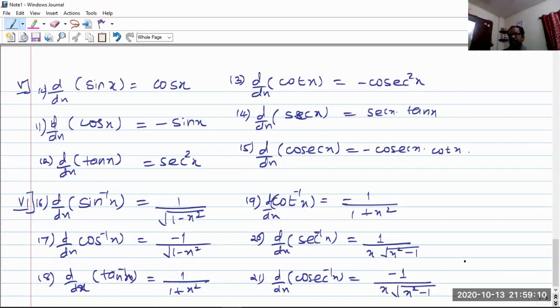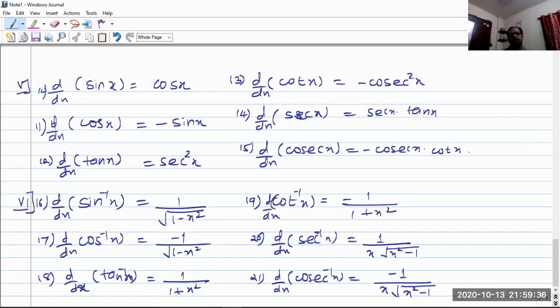So students, these are very important formulae. All these formulae will help you get out of difficulty in this topic and in all the topics which depend on this, that is integrations, applications of derivatives and all.